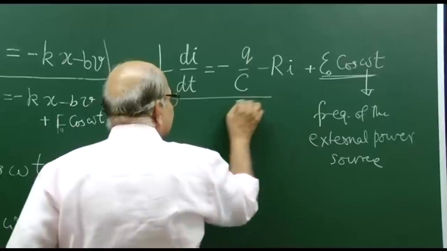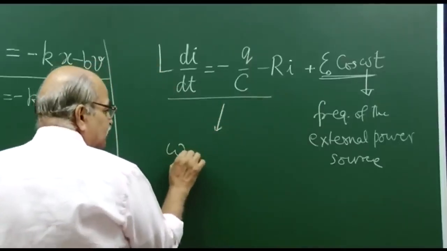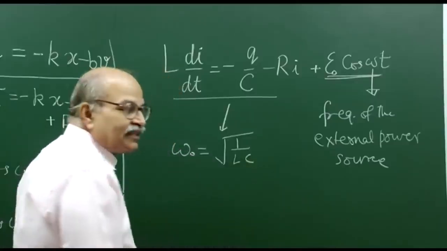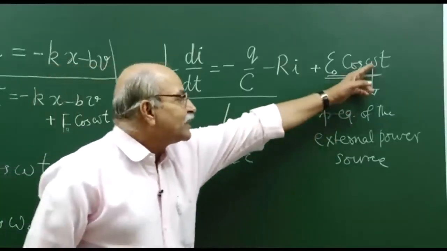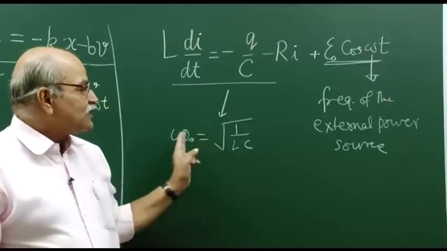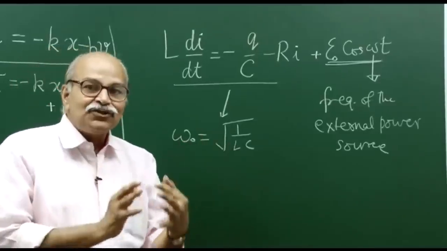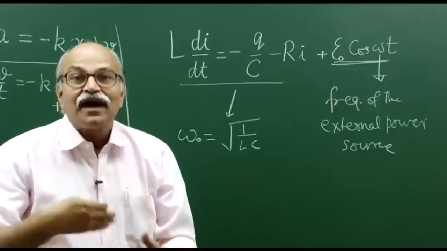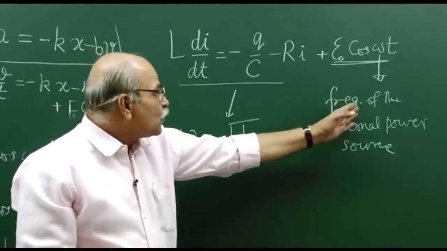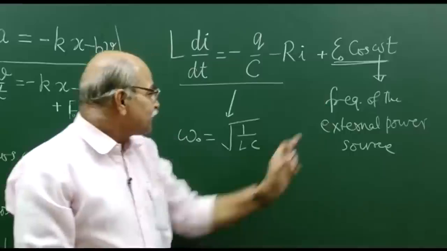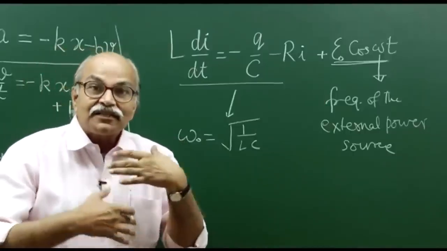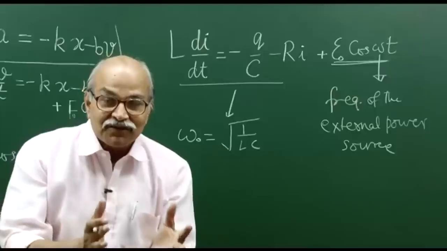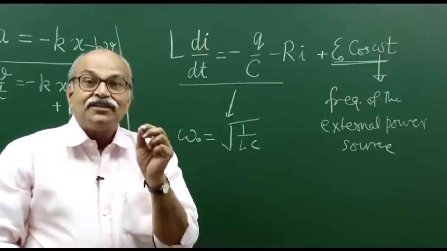And from this system you have a natural frequency omega naught, which is square root of 1 by LC. And if this frequency omega and this natural frequency omega naught are close to each other, then the current in this circuit will be high. And if these are widely apart, if they are quite different from each other, then the amplitude of that oscillating current will be very, very low.